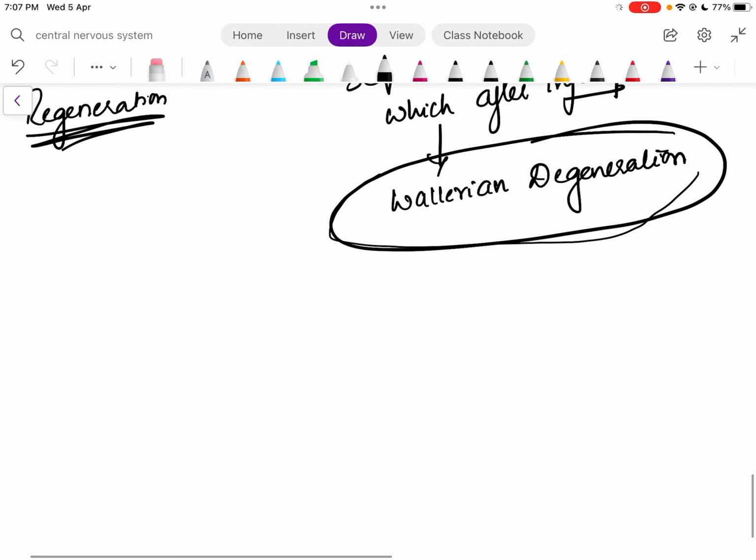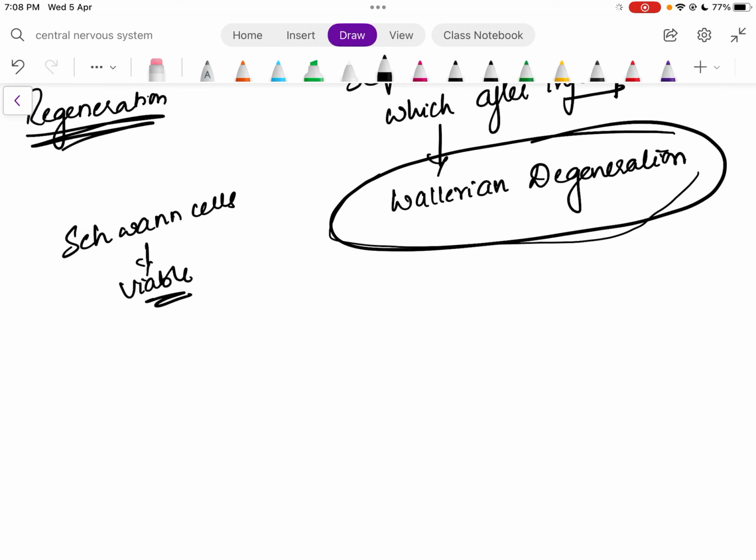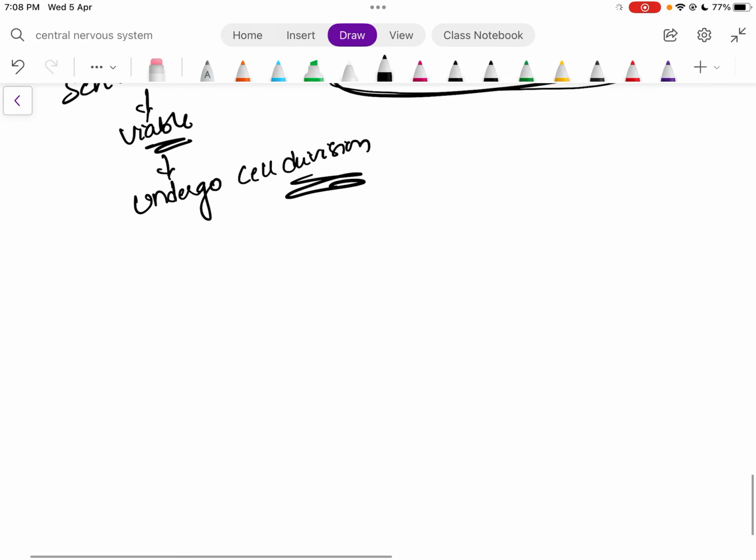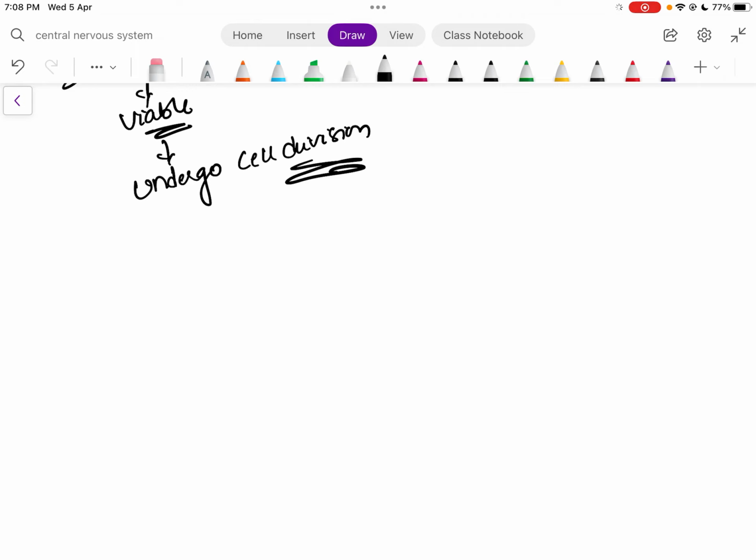And if Schwann cells are viable, then they can undergo cell division. So this is about degeneration. If there is degeneration, then there will be scope for regeneration also.